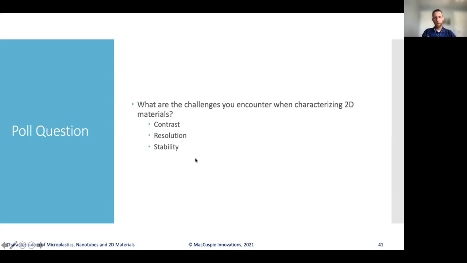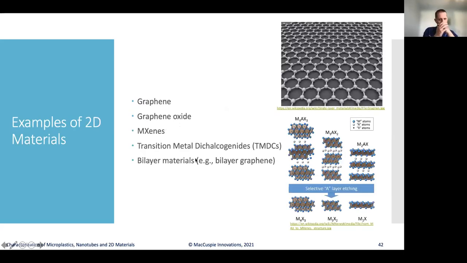So there's a wide range of two-dimensional materials that are of interest in the literature, ranging from graphene to graphene oxide to MXenes or transition metal dichalcogenides to bilayer materials, for example, like bilayer graphenes. So there's a wide range of interesting planar, 2D materials that are being studied.